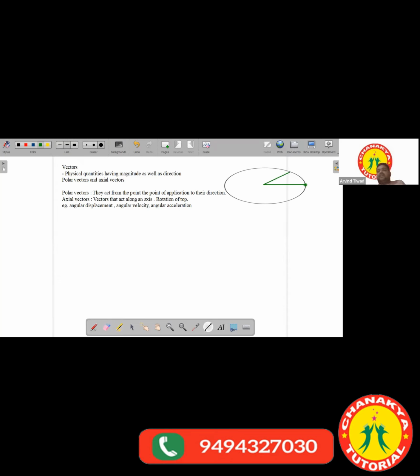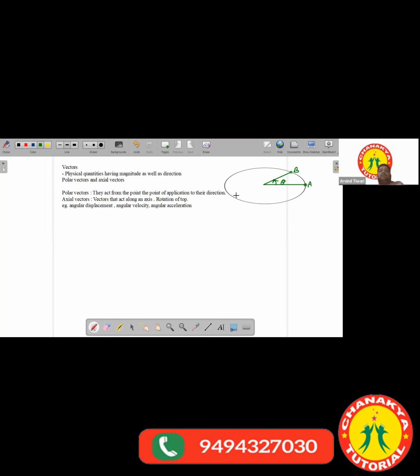Suppose it covers a certain angle theta. This is the starting point A, and this is the final point B.